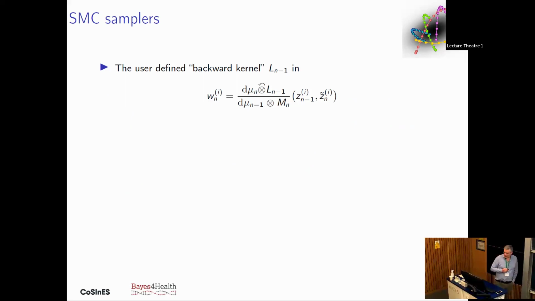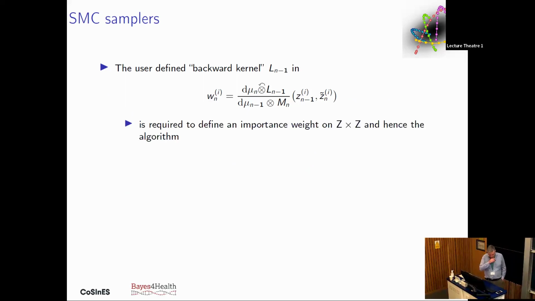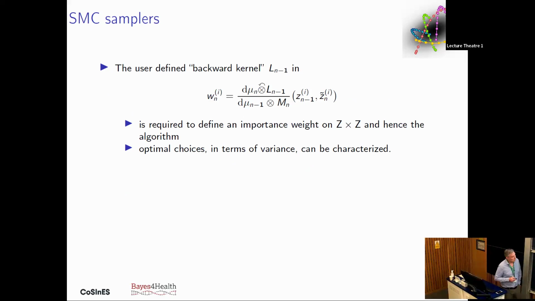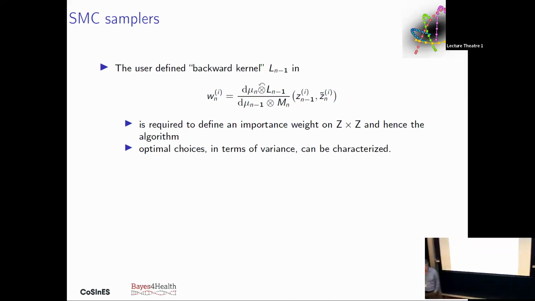Just one thing: we all know that we need a backward kernel in order to define importance sampling on the joint space. And we know that a particular choice of the backward kernel is going to lead to a simplification. In fact, we are near optimality in a certain sense. And that's the choice that I'm going to make throughout the talk.